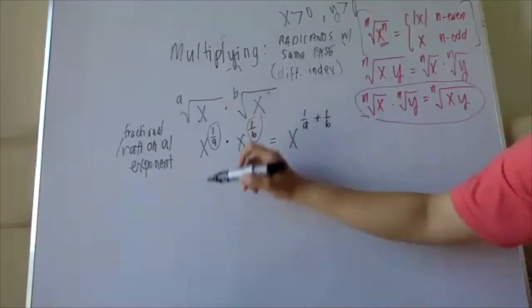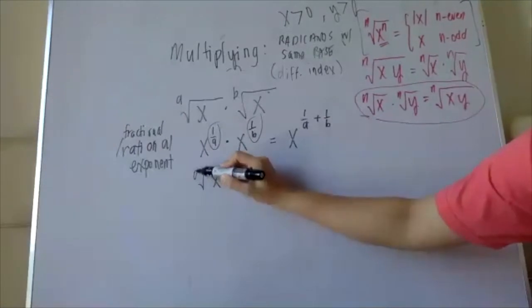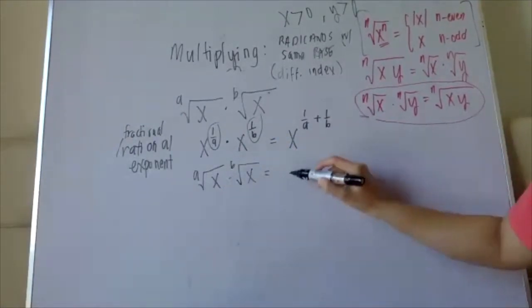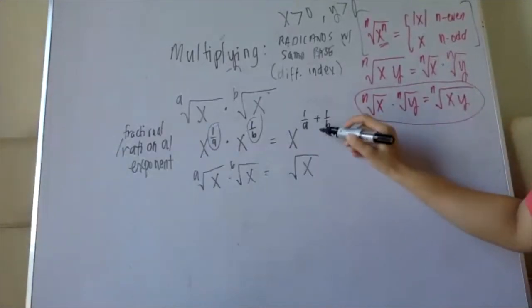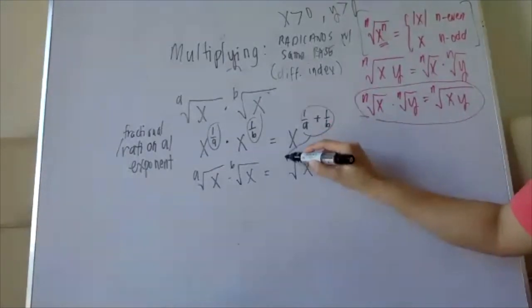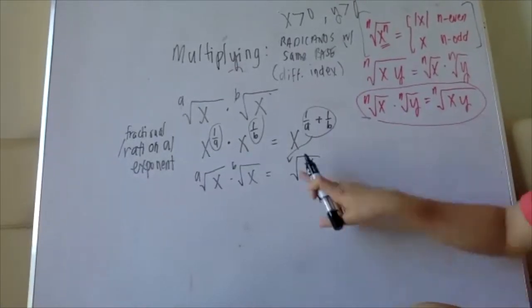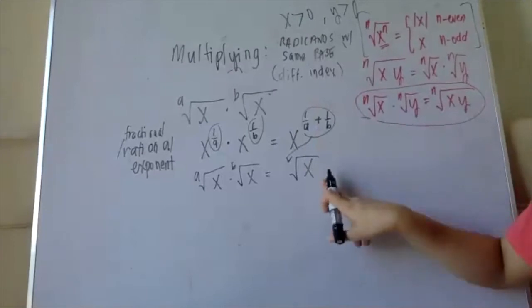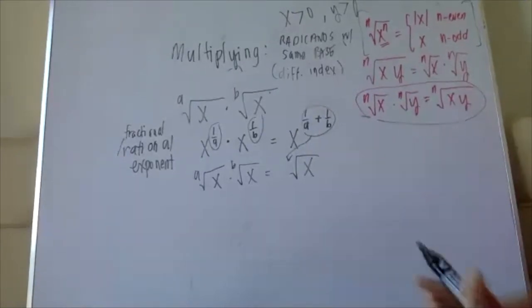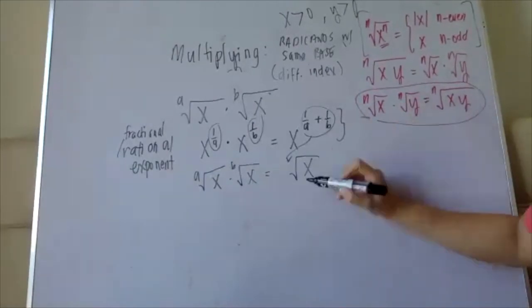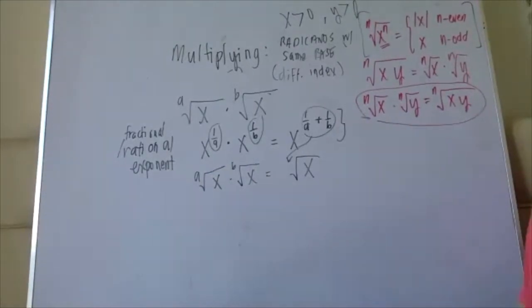So, going back here, this is just equal to the root of x raised to this one. So, isimplify mo muna this way, tapos saka mo siya isimplify kung nagre-require na naka-radical expression.